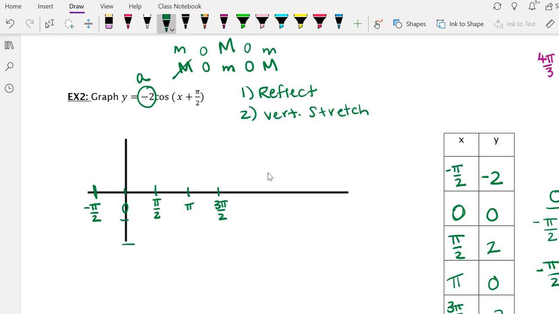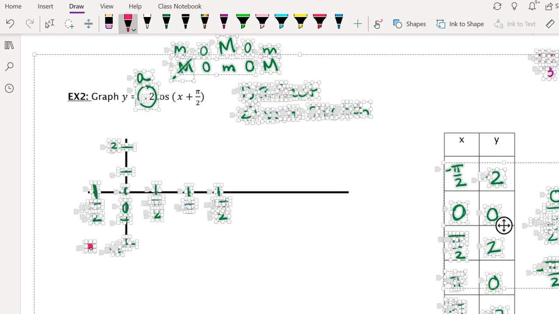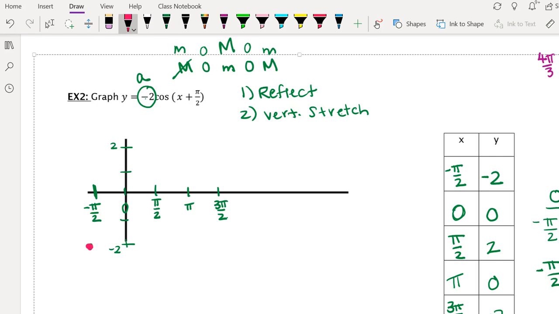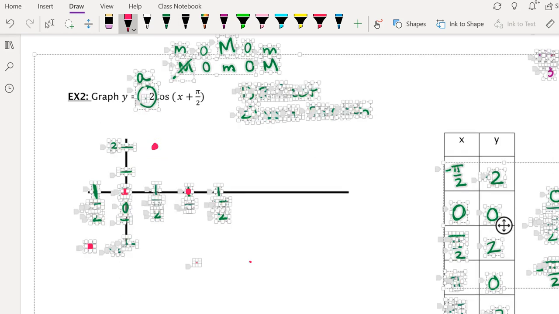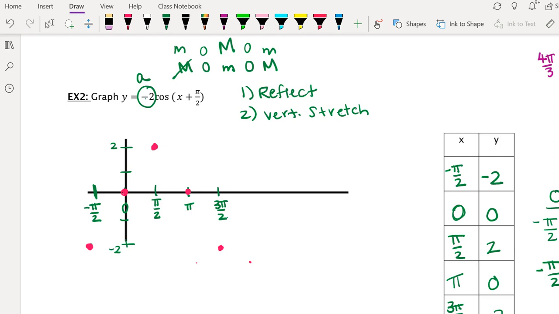Also, my amplitude is down here, so negative 2 and then positive 2. We're starting at a minimum. Then at 0, on my way up to a maximum. I'm at a maximum, I go back to 0, and I'm down back to a minimum.